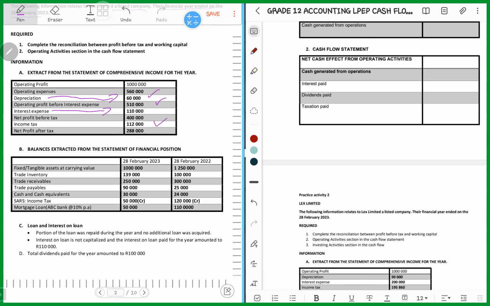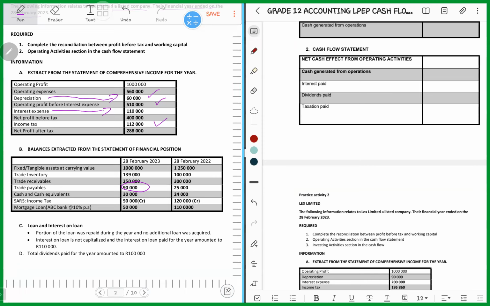Then trade payables, if you notice again, from the previous year, it was 25,000. It's currently standing at 90,000 here, meaning that there is an increase in what? In trade payables. Now, any increase in trade payables is an inflow.